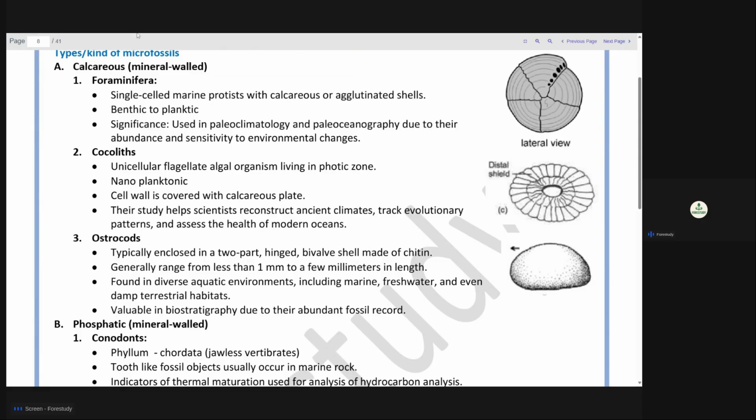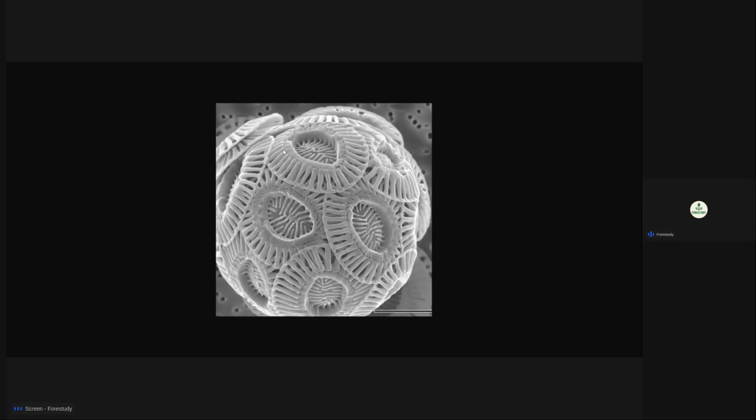Okay, again I'll show you. Image one. This is a coccolithophore, and these are the discs of calcium carbonate.